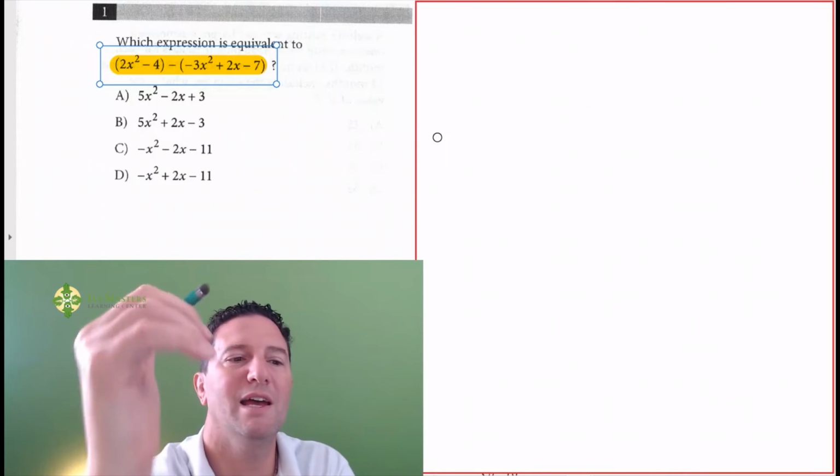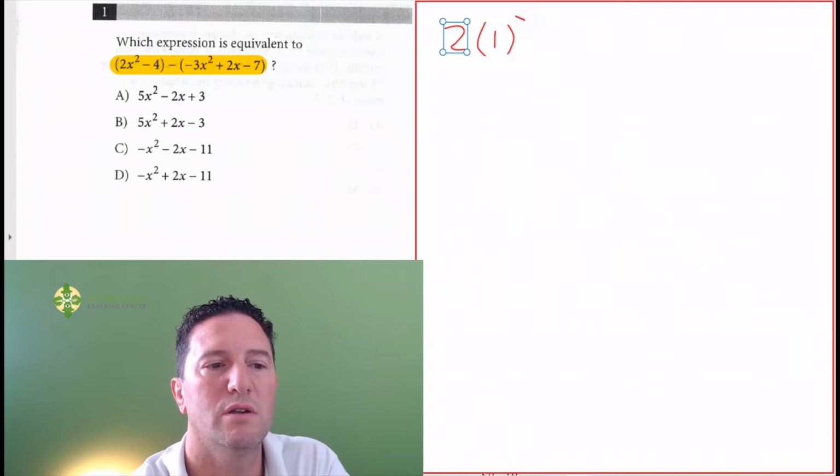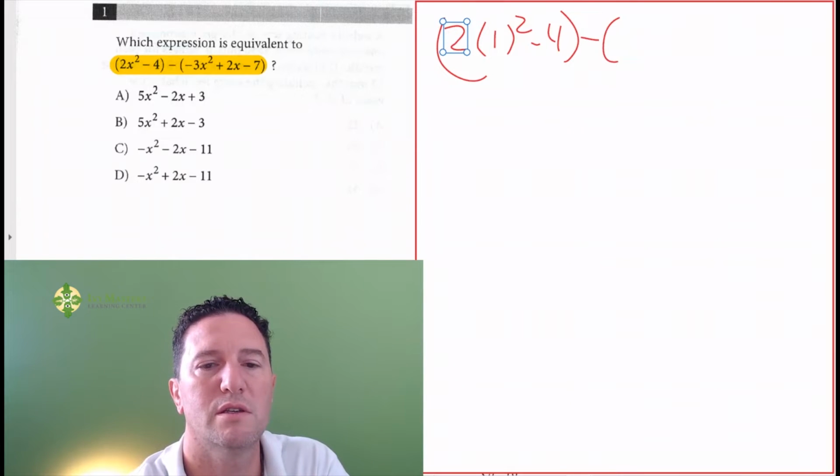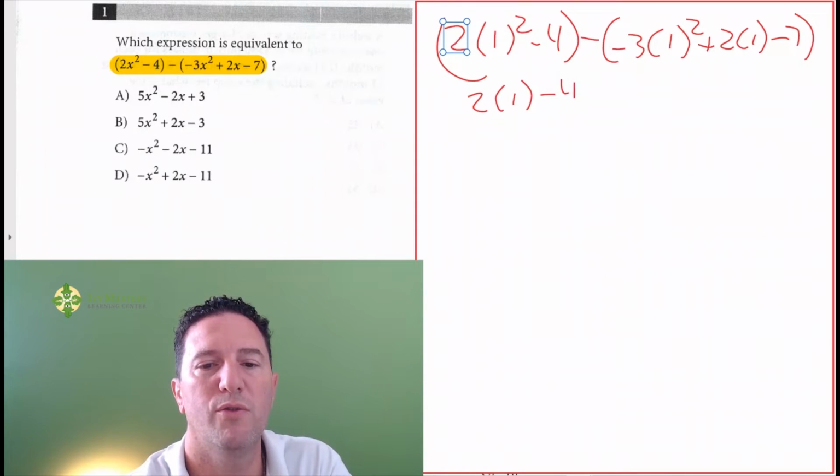If by hand, what that would look like is 2 times 1 squared minus 4, in parentheses, minus negative 3, 1 squared plus 2 times 1 minus 7. And then to remember order of operations, 1 squared is just 1 minus 4.